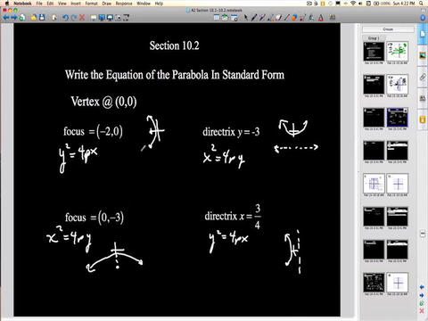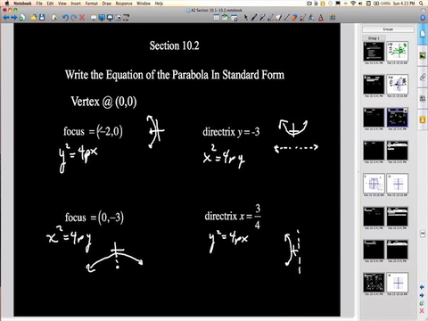Okay. Another quick way to think about it is that if the focus is on the x-axis, then x is to the first power. If the focus is on the y-axis, y is to the first power. If the directrix is an equation y equals, then y is to the first power. If the directrix is x equals, x is to the first power, and that will help you know which form you're in.